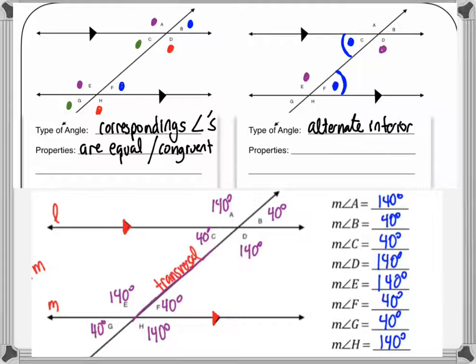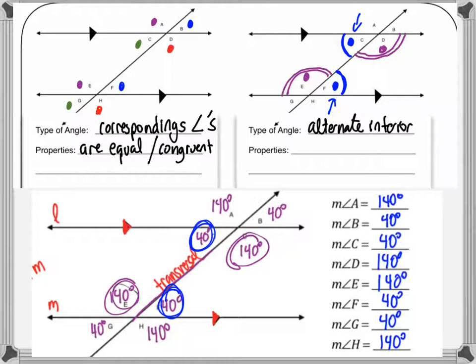And so we have these 2 guys right here, and then we have these 2 guys. I'm going to use these marks here because you see them in all different ways. And that basically means those are going to be congruent to one another, because if we look, we have 40 here and 40 here, which match the blue angles right here and here. And we have 140 here and 140 here, which matches the purple angles right here and here.